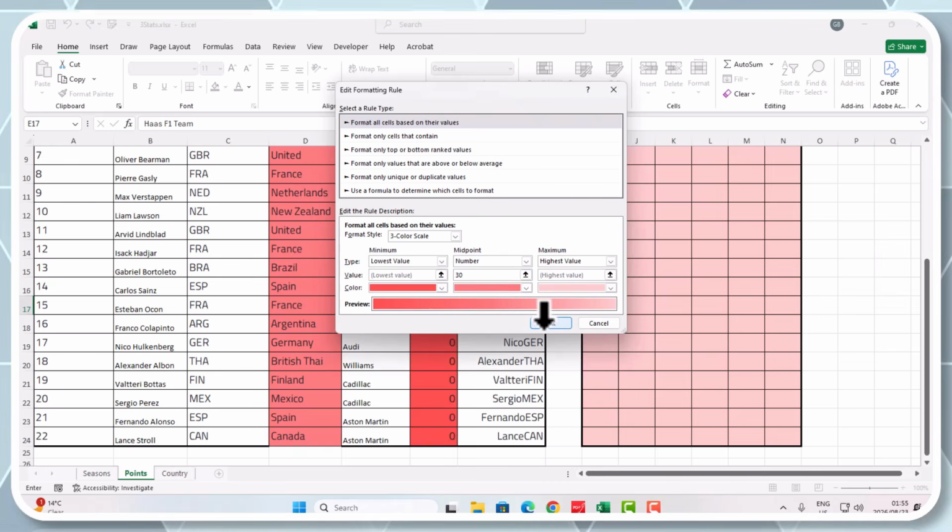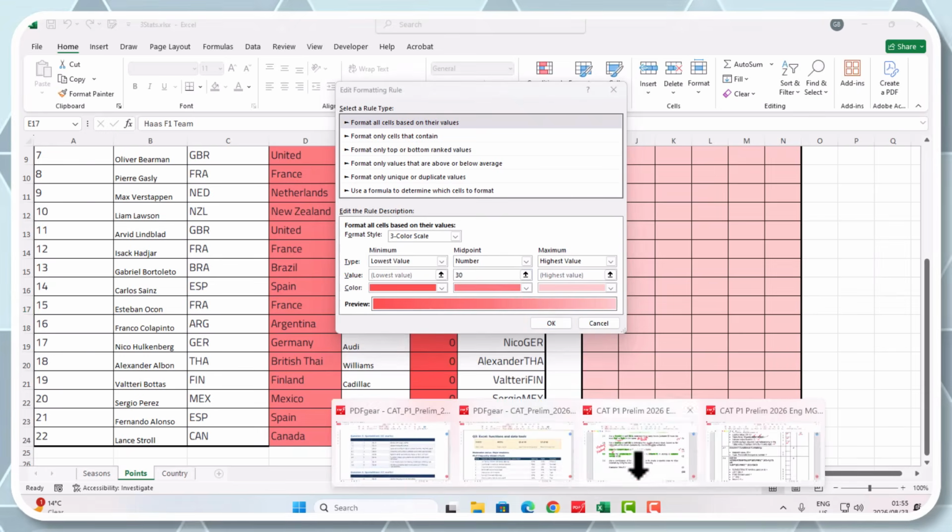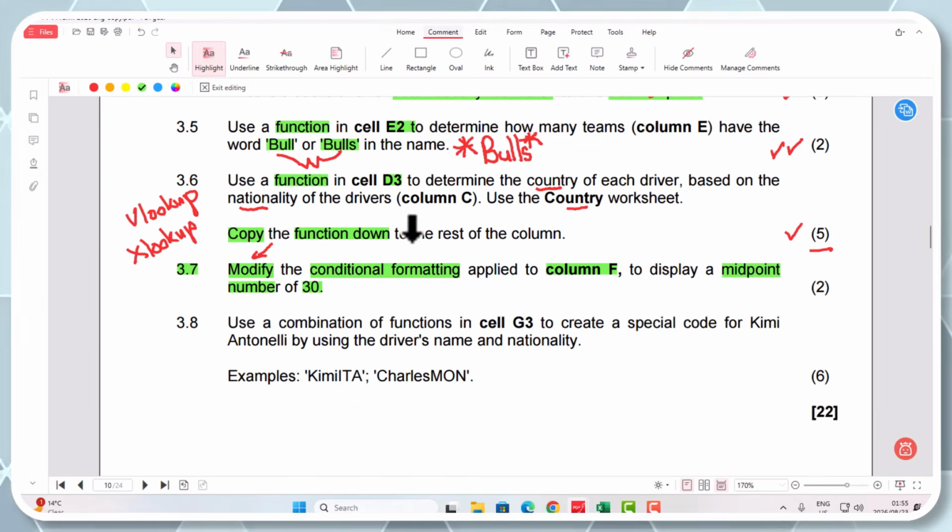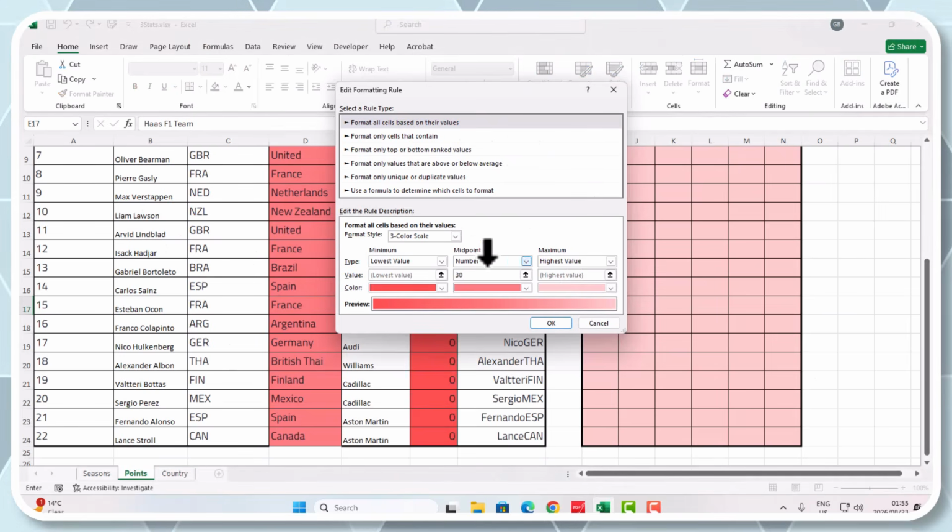Let's just quickly confirm. Modify the conditional formatting applied to column F to display a midpoint number, so not percentage, that's what I was saying, of 30. And that we've done here now.